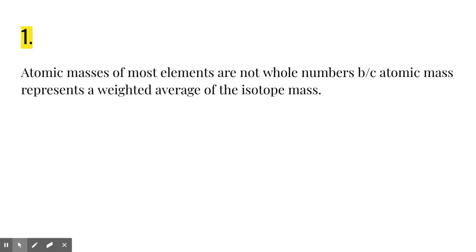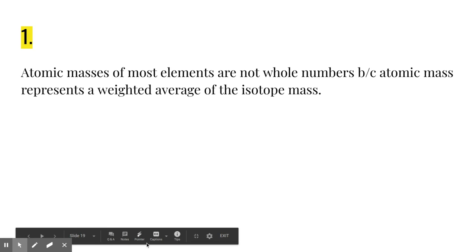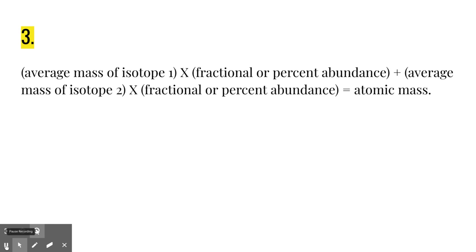We actually had the names protium, deuterium, and tritium. It's that first slide, first page of notes, and we wrote down how they were similar subatomically. So that's where I would like for you to go back and look and answer number 2 on your own. And I would like for you to answer question number 3 on your own also.